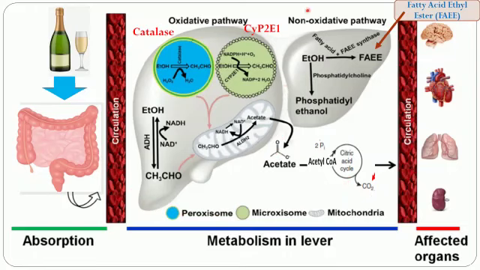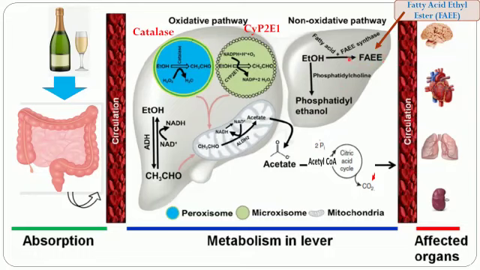Now there is a second one, the non-oxidative pathway, which also occurs in the liver. Here ethanol is converted to phosphatidylethanol, or into fatty acid ethyl ester.